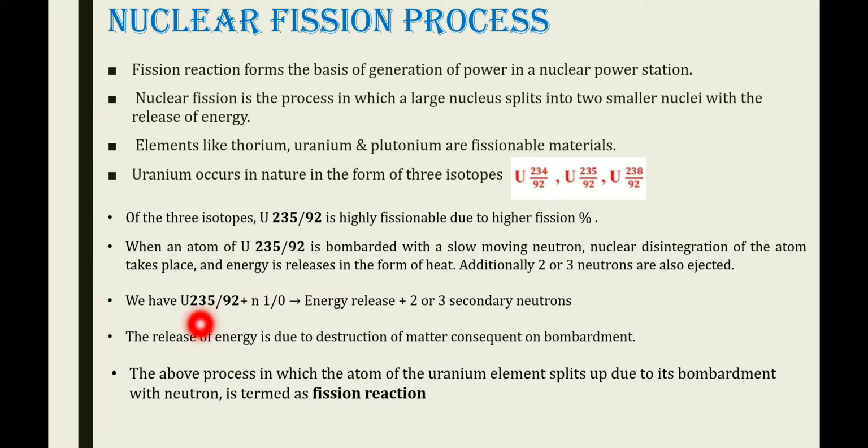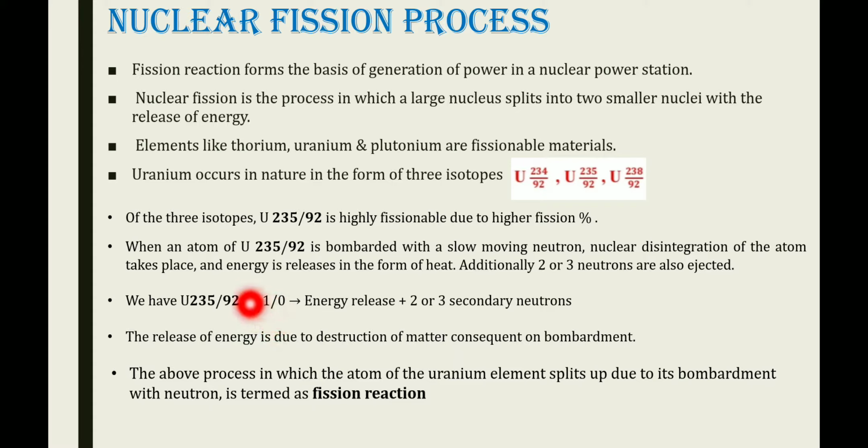How do we write this symbolically? We'll write this equation now. Here we have uranium-235 (92), bombarded with a projectile, the neutron, which I have taken here as neutron 1 over 0. The neutron has mass number 1 and atomic number 0. For uranium-235, 235 is the mass number and 92 is the atomic number.